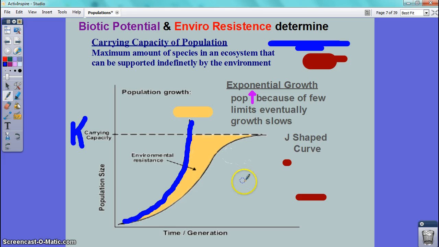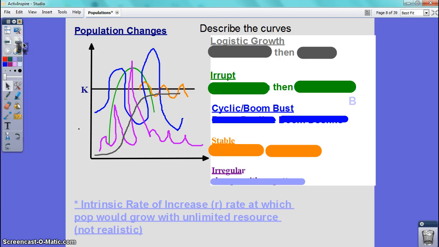This S-shaped curve shows a population that's increasing and eventually will stabilize or stay below the carrying capacity. S for stable. The space in the middle is what we call environmental resistance, and it determines what the population growth is. Here are some different curves to describe population changes, and unfortunately, yes, you have to know them all.